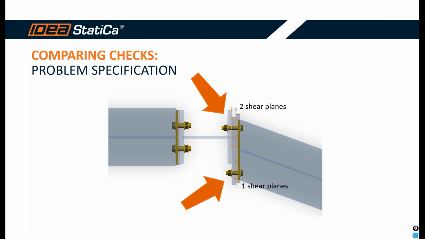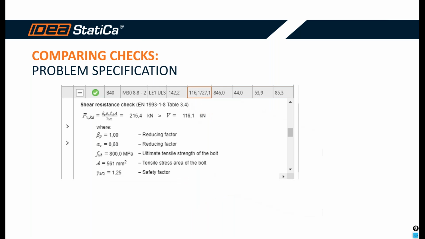So the user was confused because in the IDEA StatiCa calculation, our shear resistance is not presented like the user expects it to be, because here we don't multiply the shear resistance like in worked examples from the SCI or any other example.